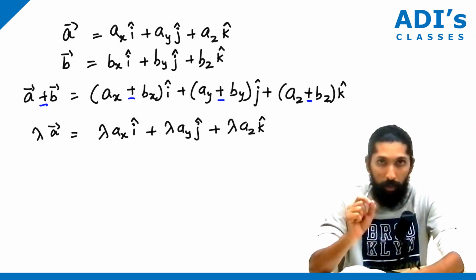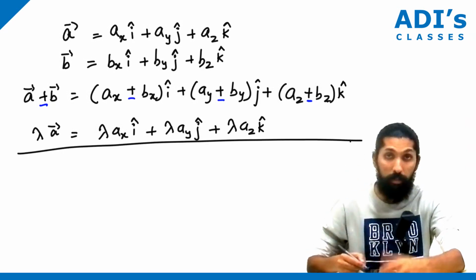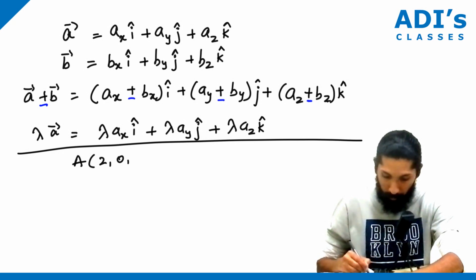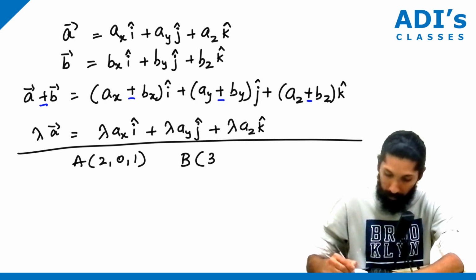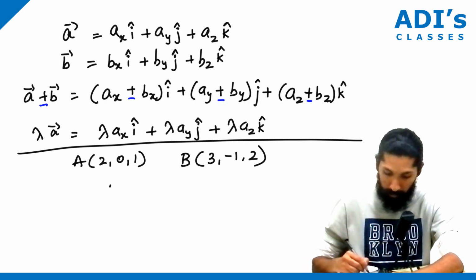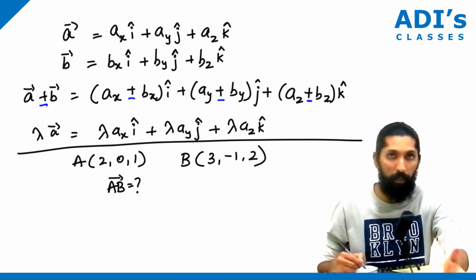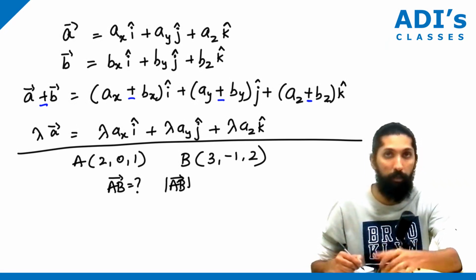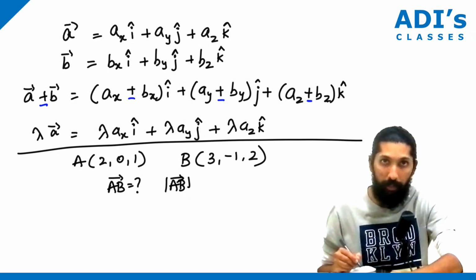Now I'll show you one quick example. Suppose that one point A is 2 comma 0 comma 1, and point B is 3 comma minus 1 comma 2. What is vector AB? I'll also ask you what is the distance between point A and point B. Remember, AB is what? OB minus OA, right?